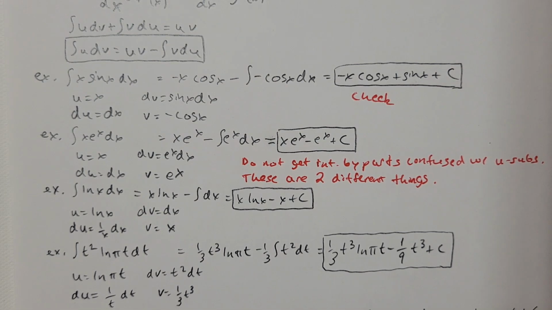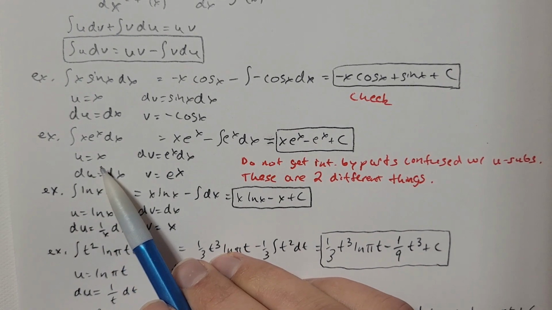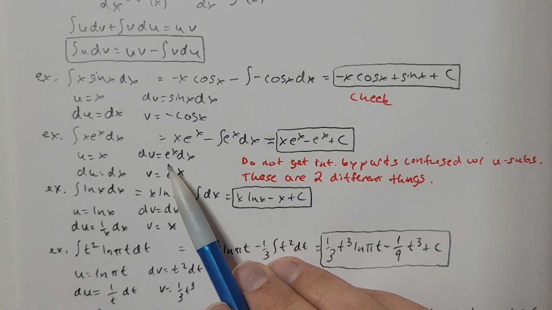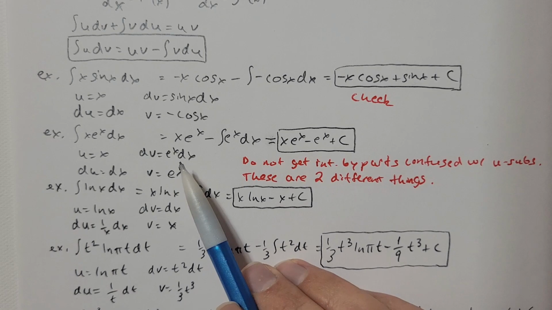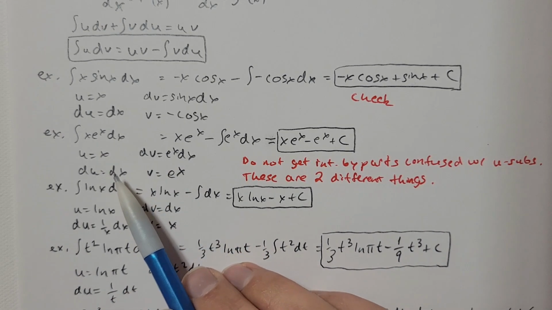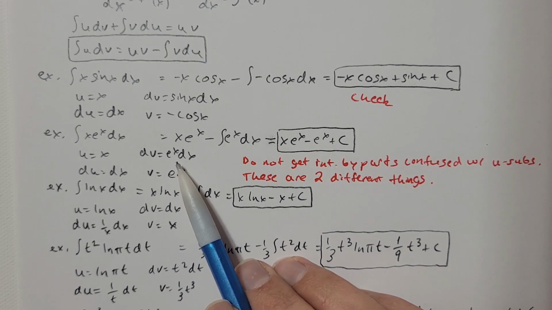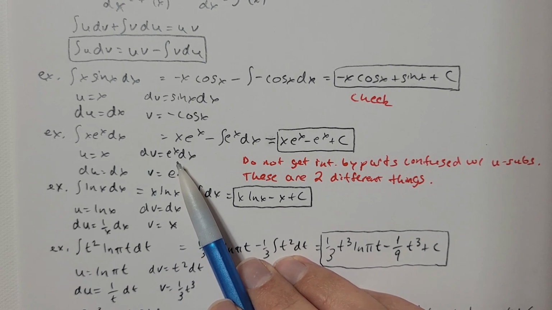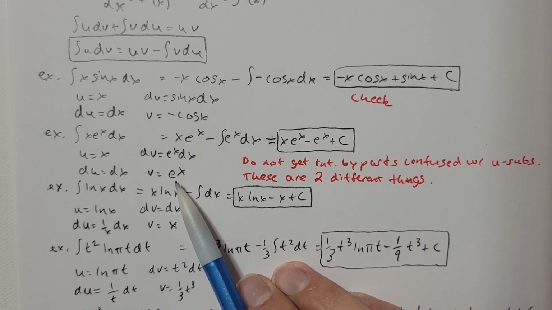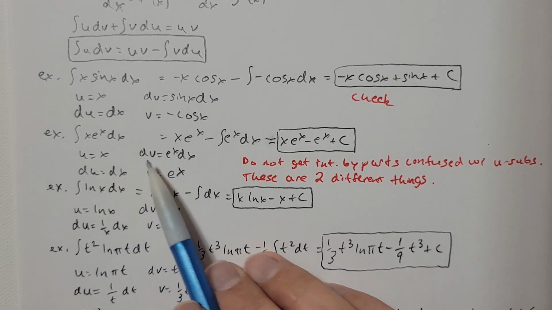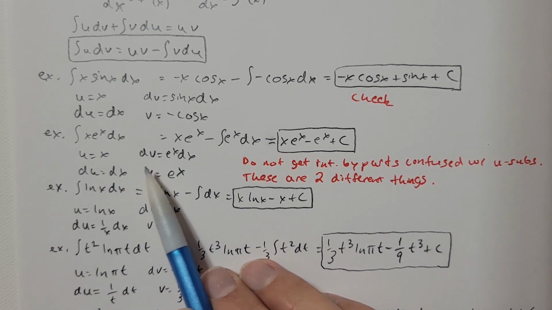So if I let u be x here, and dv be e to the x dx, the leftover part, then du is dx, and v, the antiderivative of e to the x, is itself, e to the x.